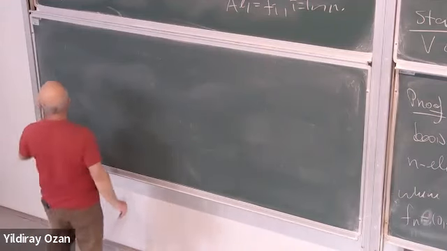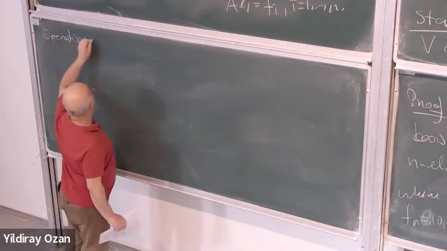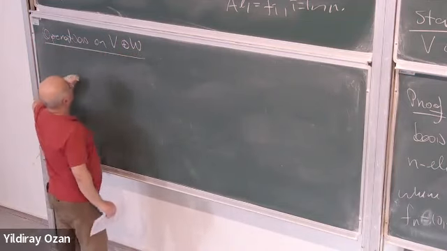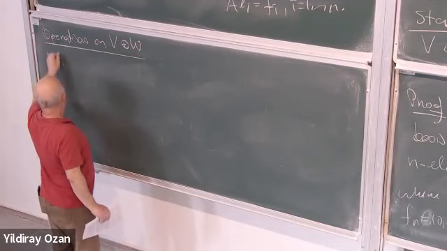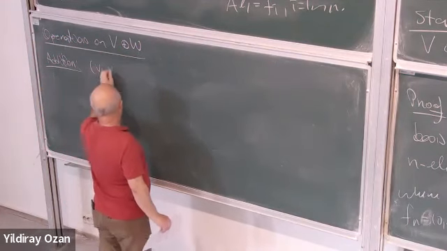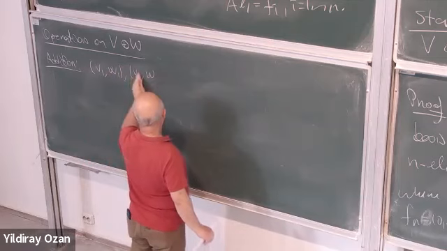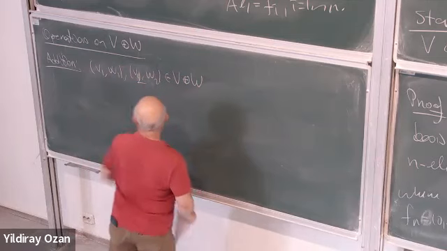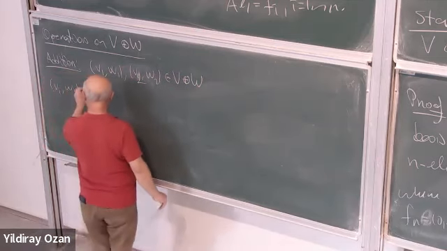Okay, operations. So addition is this. It will be two vectors, or two elements in this set. I define the sum of these vectors as follows.